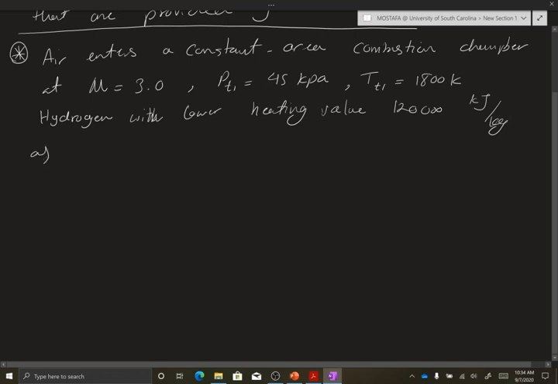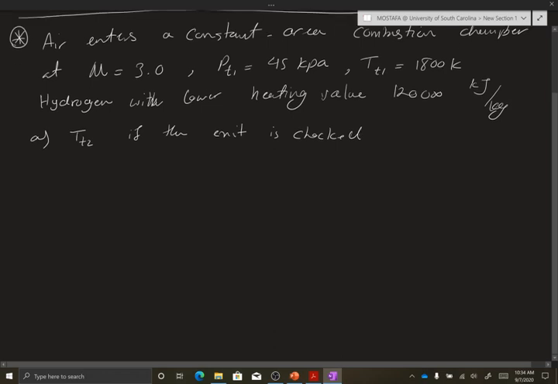Okay. So we are asked to find the exit total temperature if the exit is choked. So we are dealing with total conditions.